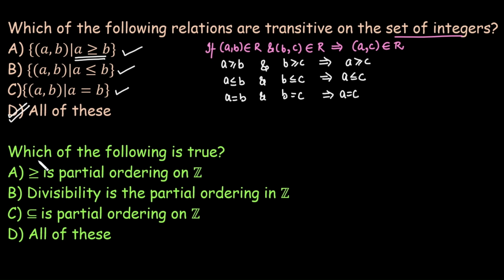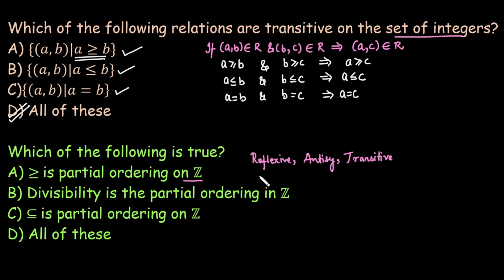The next question: which of the following is true? Greater than or equal to is a partial order on the set of integers. Partial order means if the relation is reflexive, antisymmetric, and transitive, then we call the relation a partial order. Is this relation a partial order on the set of integers?